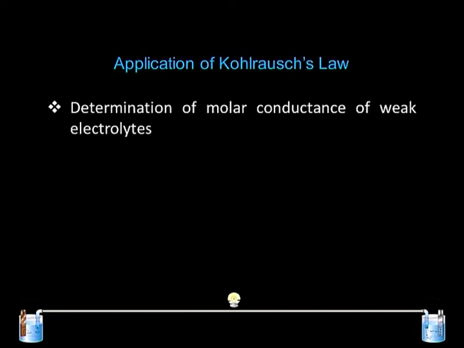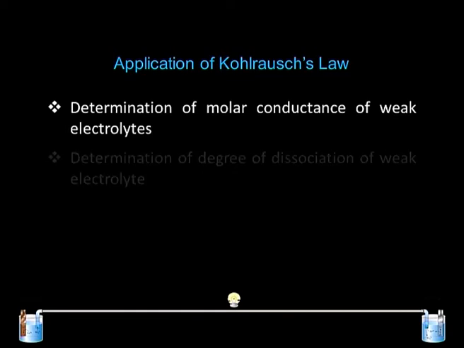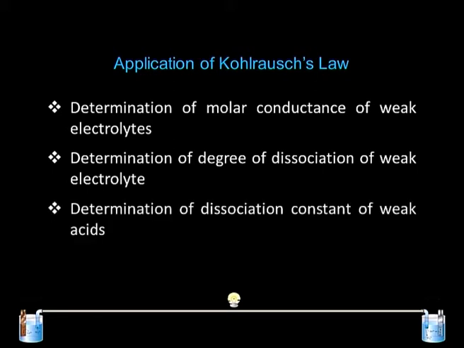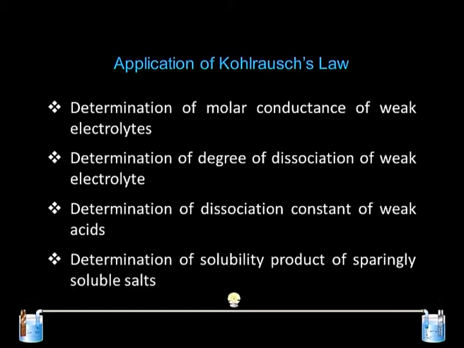So we do not have any method by which we can find lambda infinity of a weak electrolyte such as acetic acid. Kohlrausch law can help in that regard. It also has direct application in determining the degree of dissociation, the dissociation constant of weak acids, and the solubility product. Each one we are going to cover in the coming few lectures.